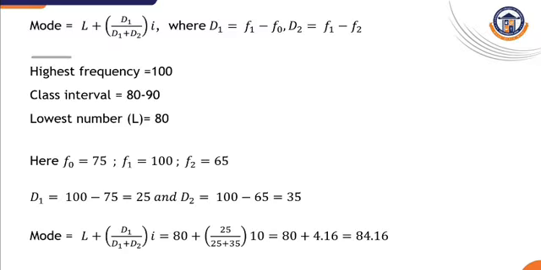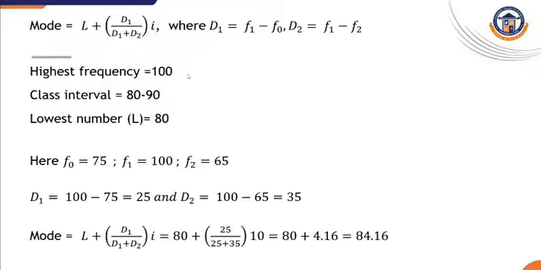The mode formula is L plus D1 divided by D1 plus D2, into I, where D1 equals F1 minus F0, and D2 equals F1 minus F2. To identify these values, the highest frequency in our given problem is 100.